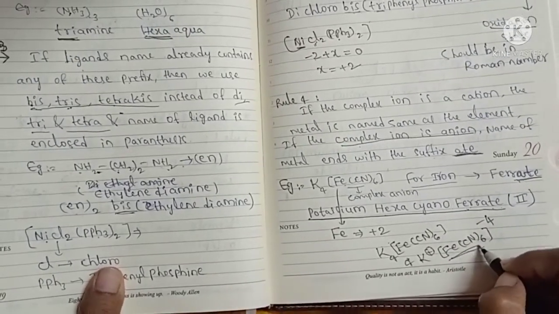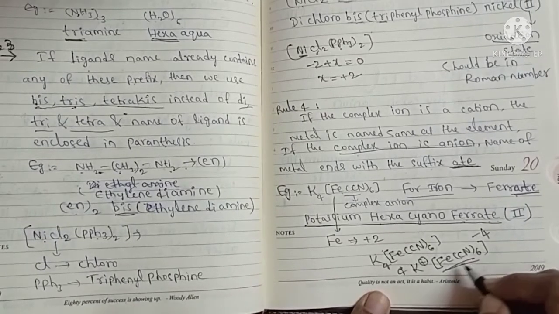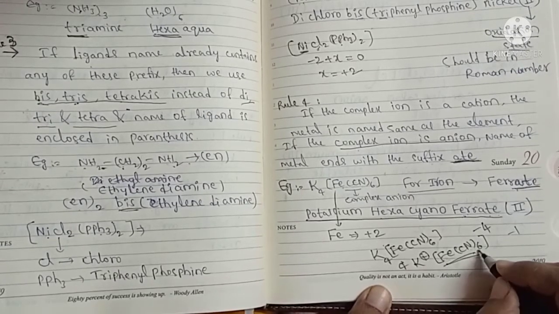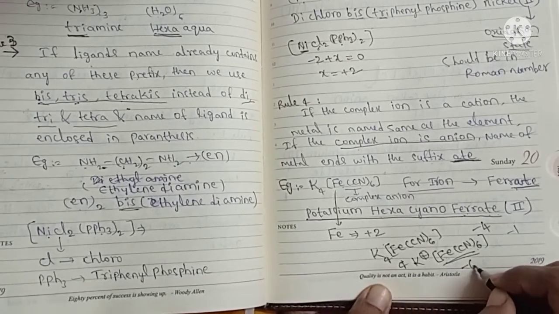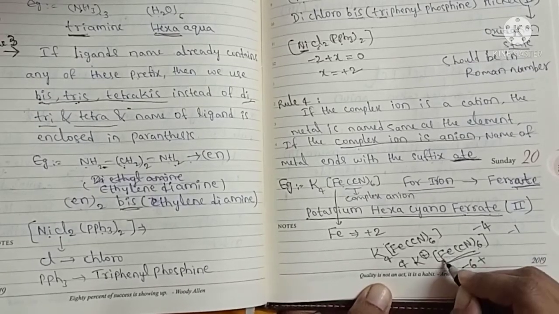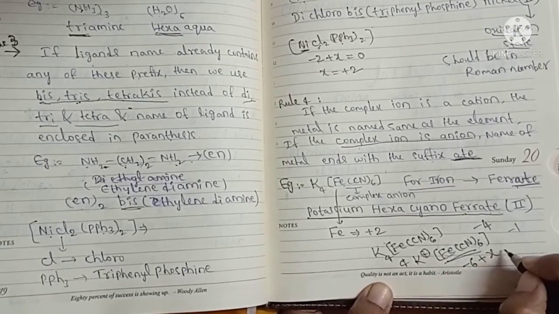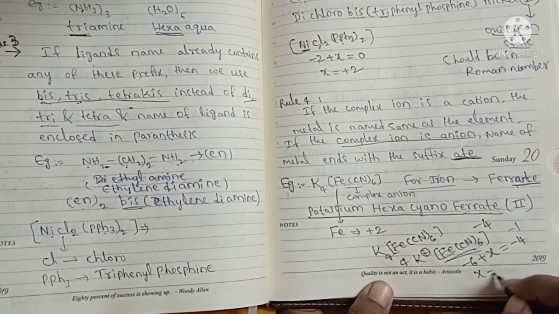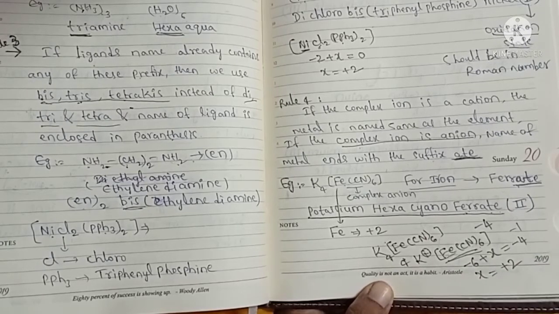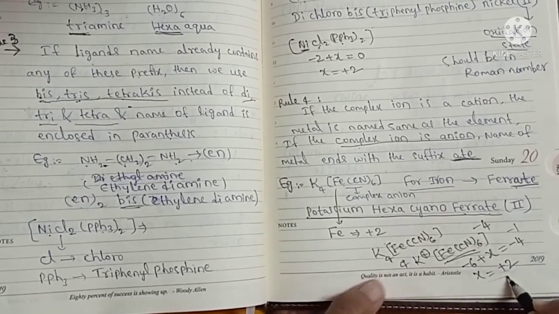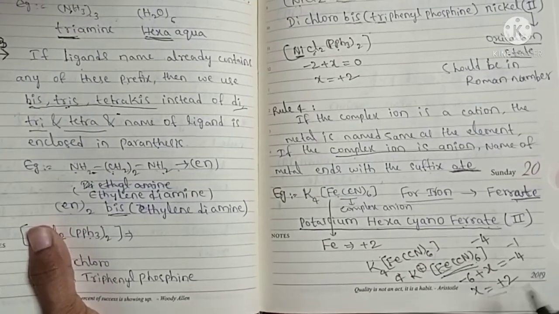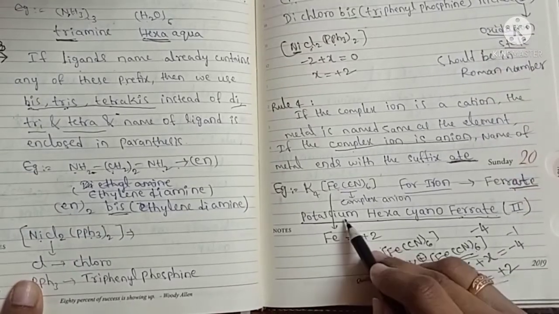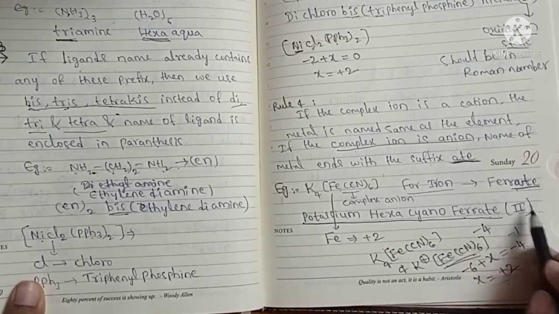So this is the complex anion. How to calculate the oxidation number of iron here? CN has -1 oxidation number. How many CNs are there? 6. So -6 plus x equals -4. So x equals +2. This is the way to calculate the oxidation state of the metal. We have mentioned it in Roman letters. So this is the name of the compound, potassium hexacyanoferrate(II).